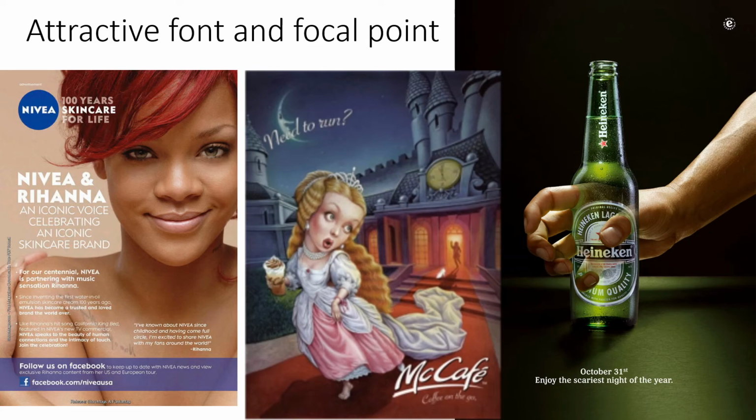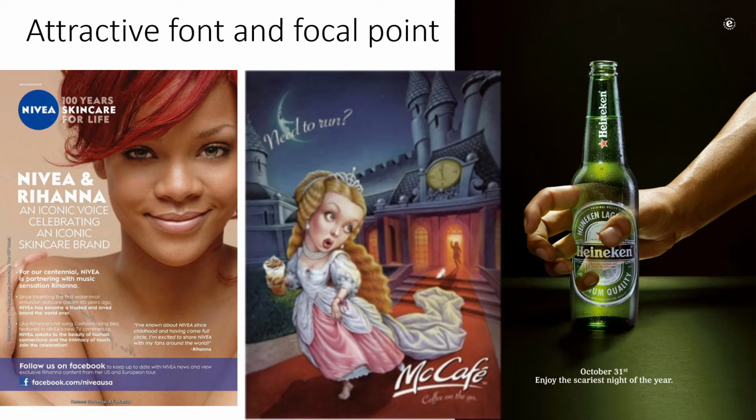Continuing further, looking at the different techniques that advertisers use to grab your attention, the use of attractive font and a focal point. On the first advertisement, you can see the name of the product and the celebrity name are in bold and in all caps. The advertiser is ensuring that you, as the consumer, don't miss the name of the brand and the celebrity endorsing the brand.